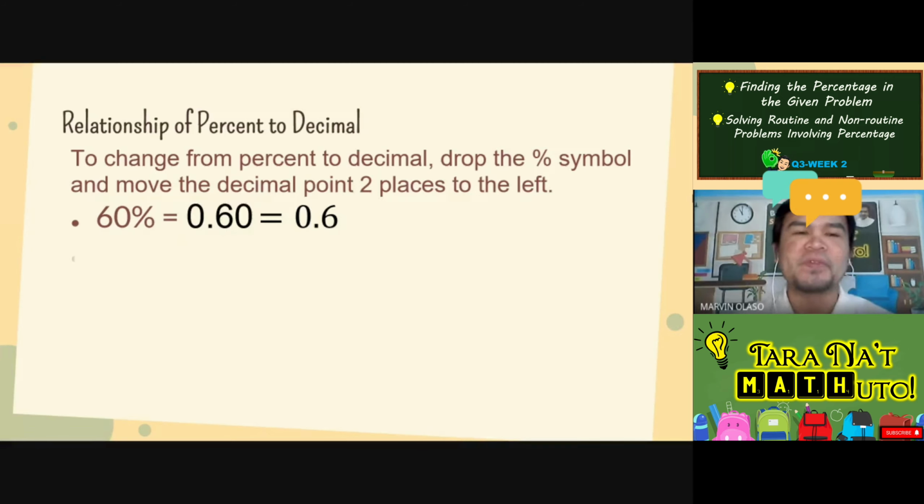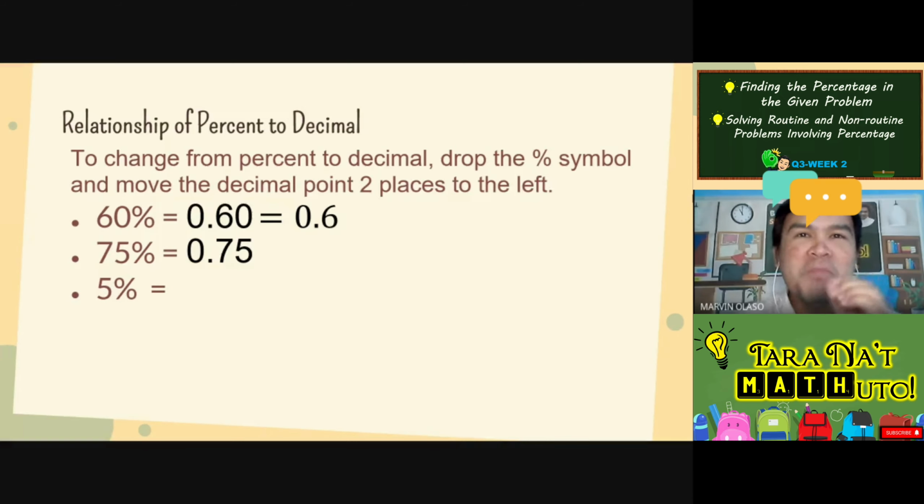Another one, 75%, moving the decimal point to the left. So it is equal to 0.75 or 75 hundredths. And we have 5%. By moving the decimal point going to the left, we have the answer 0.05, which means 5 hundredths.